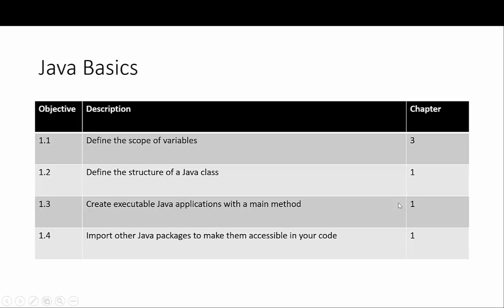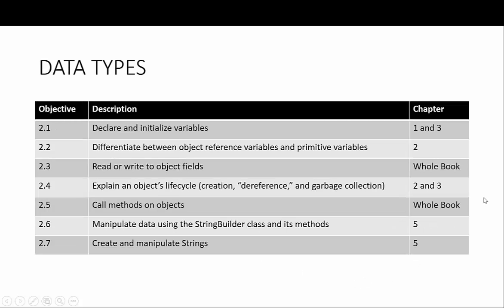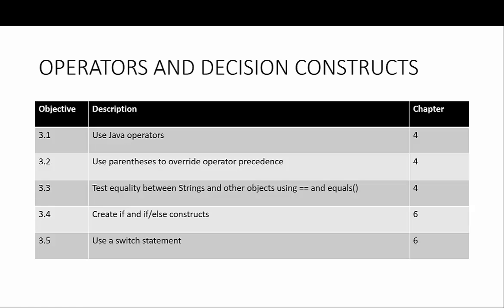Let's take a look at these exam objectives. Although they seem a bit out of scope at this time, these are the exam objectives, which obviously we'll cover one by one in the second portion. But anyway, they will be covered during the first half as well, as all of these exam objectives relate to the core features of the Java language.